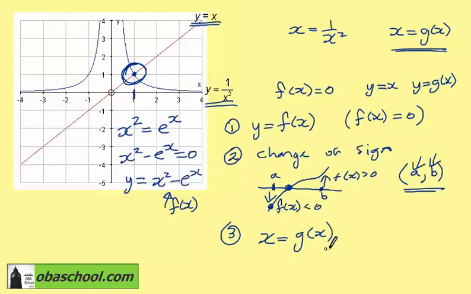But the crucial thing is that if the rearrangement is done correctly, then the root will be in the same point. The intersection of y equals x and y equals g of x will be at the same x coordinate as any roots of f of x equals 0.